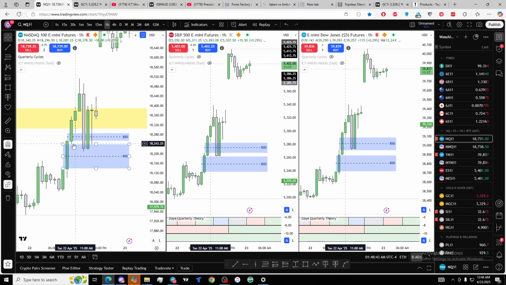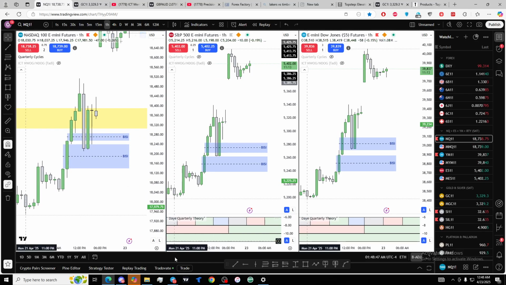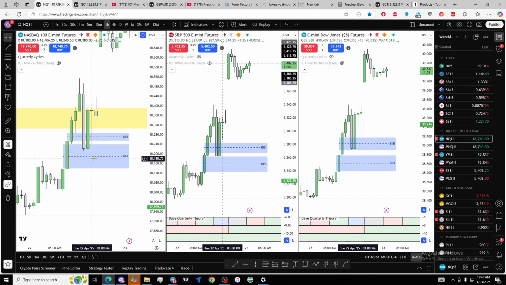So, if I use this low here of this first gap, we can maybe find potential SMTs. If I use this low of this gap, you will see that all these assets will just potentially create a higher low, higher low, higher low. So let me use this low of this first gap.